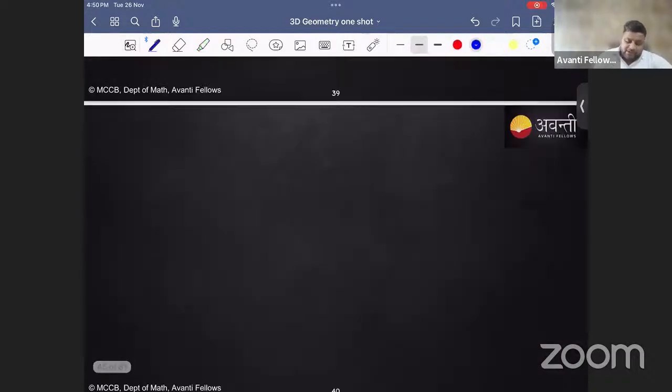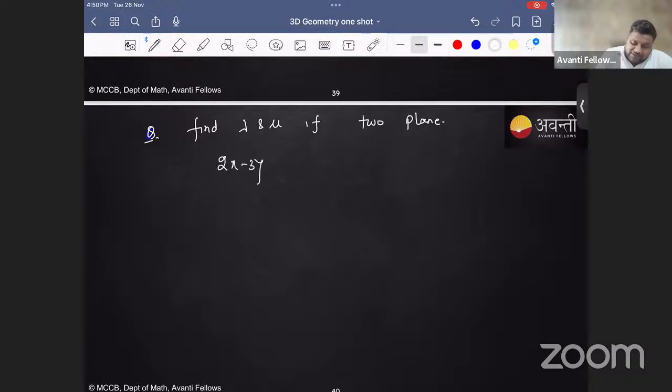Like a simple question, if I write, find lambda and mu if two planes, 2x minus 3y plus 4z equals 11 and 8x minus lambda y plus mu z equals 7 are parallel.